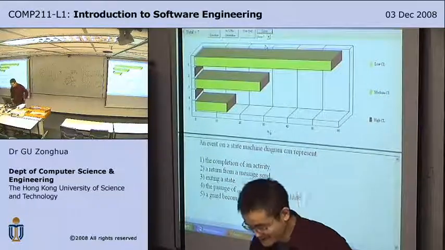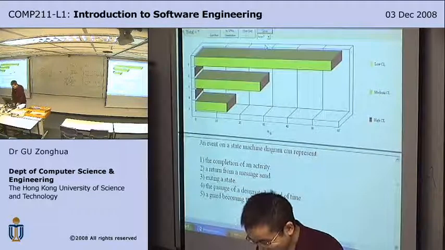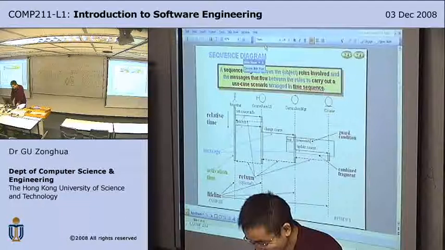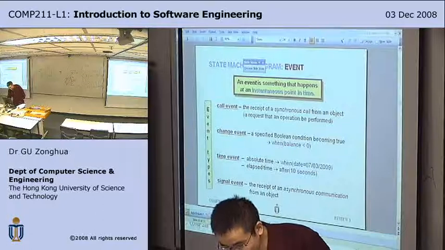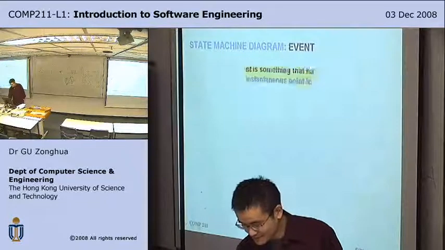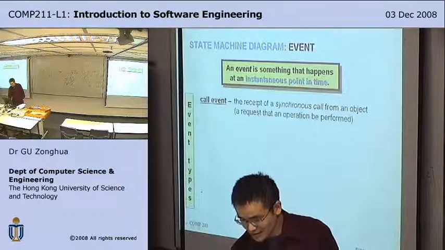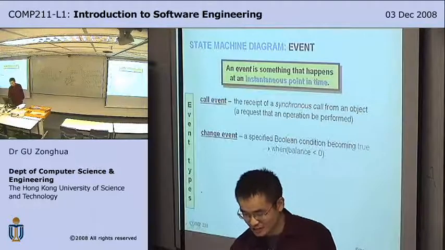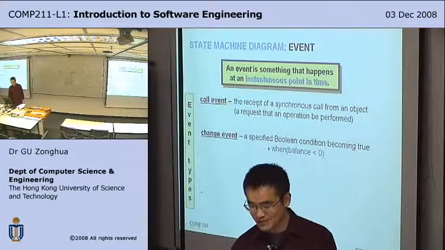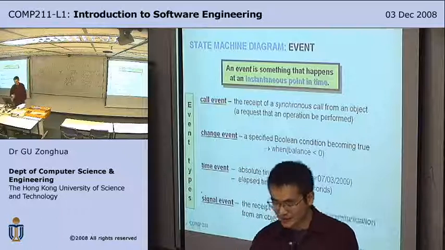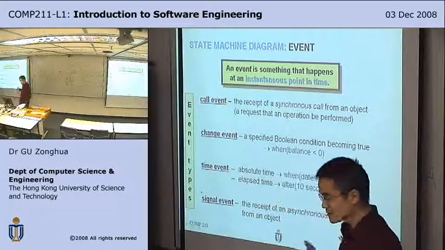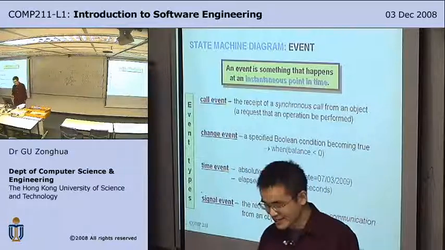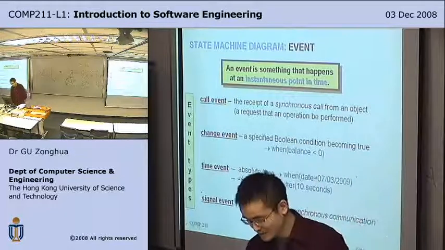See, no one chose 4. So events can be a call event, the receipt of a synchronous call; a change event, when a specific Boolean condition becomes true; a time event, after some time has elapsed, relative time or absolute time; and a signal event. That's asynchronous communication.